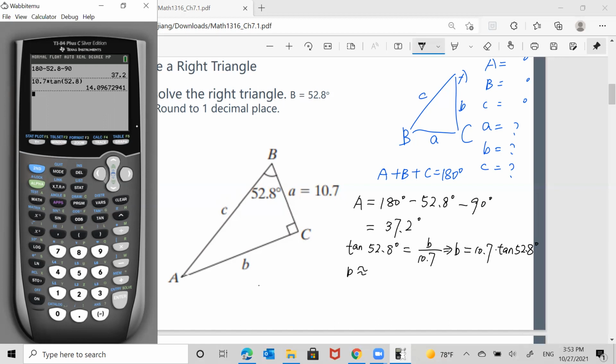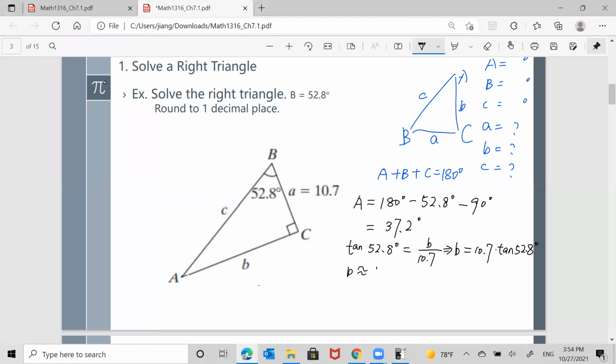So round to one decimal place. That means keep one decimal here, because the digit after 0 is 9, which is greater than or equal to 5, so we need to add 1 to the 0 here. So that's 14.1. It's about 14.1.